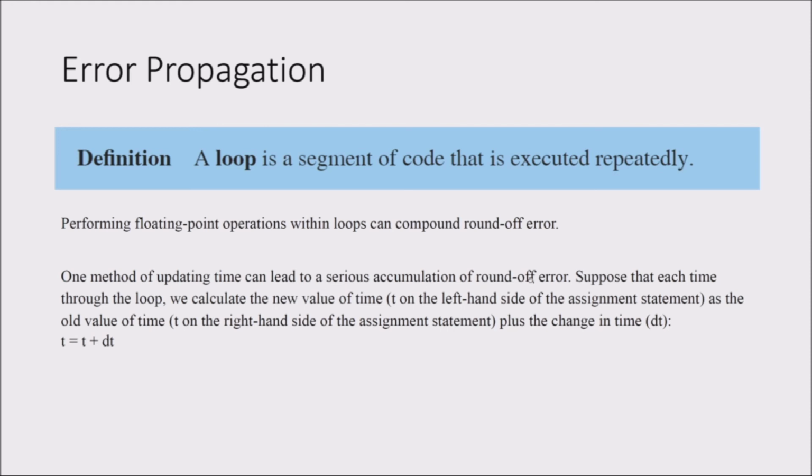So what this means is that one method updating at a time can lead to a serious accumulation of round-off errors. For example, I get some number here, let's say 8.5678, and I'm multiplying this by some number, or using this number to calculate something.